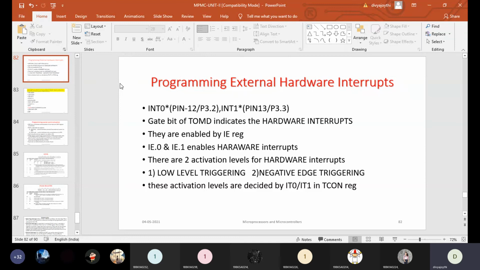And next, to activate the hardware interrupts, there are 5 types of interrupts, but at a time only one type can be served, so to enable those hardware interrupts we need the IE register, and to intimate the controller at which kind of triggering the hardware interrupt needs to be served, we need the TCON register. So TMOD register, IE register, TCON register. You should have clear knowledge of these three registers to program the external hardware interrupts.